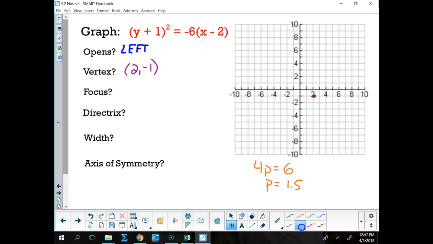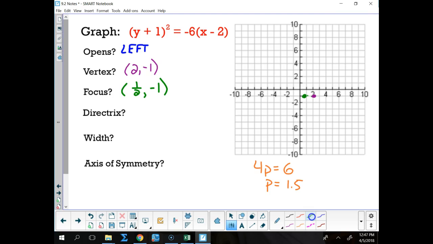So where then would my focus be? 0.5 comma negative 1, because I'd have to go 1.5 to get there. So my focus is right there.